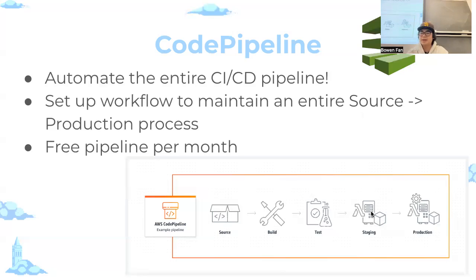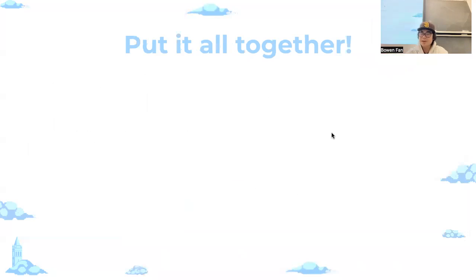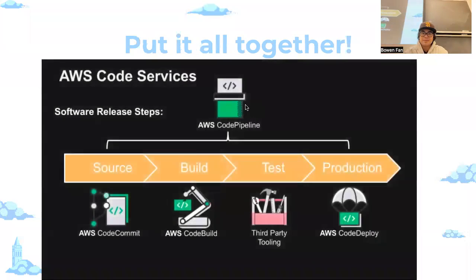And then once you know that it's in the correct environments, you can deploy it or produce it. So putting it all together, you have AWS CodePipeline. That's the orchestrator or the overview service. And then individual services within CodePipeline, AWS CodePipeline manages each of them and makes sure they're all automated in this entire process.